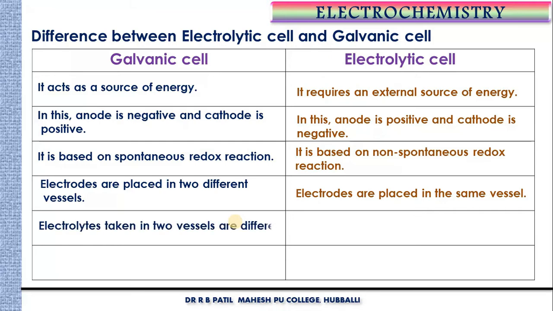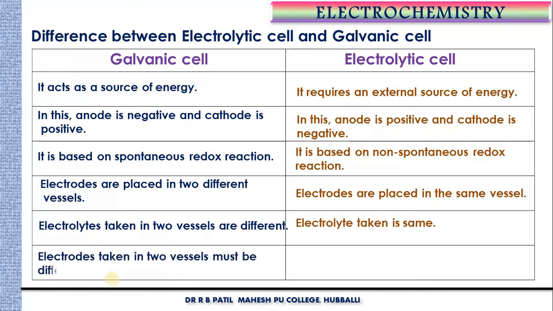For example, zinc sulfate and copper sulfate we took in the Daniell cell, correct? Here the electrolyte taken in the cell, that means the vessel, is the same. So electrodes taken are different in the case of a galvanic cell, whereas in an electrolytic cell, you may take the same electrodes or you may even take different electrodes also.